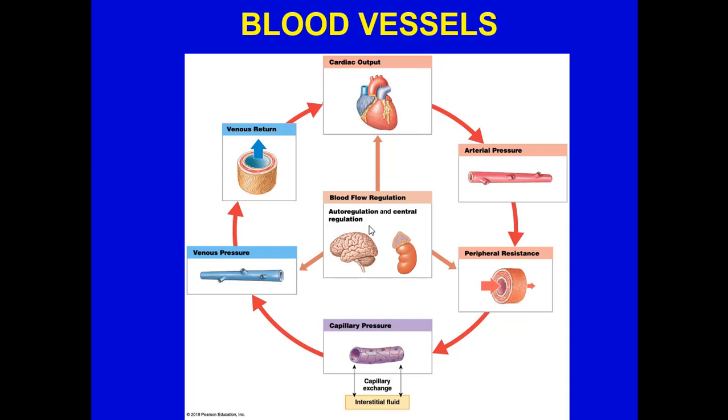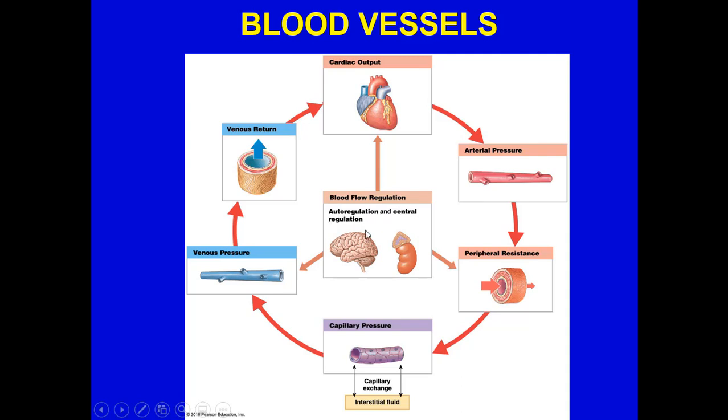But the pressure changes can also influence the capillary pressure and thereby the capillary exchange between blood and the interstitial fluid. Then we have also the venous pressure and the venous return, which plays a role in cardiac output. All of this is controlled either by autoregulation or central regulation.